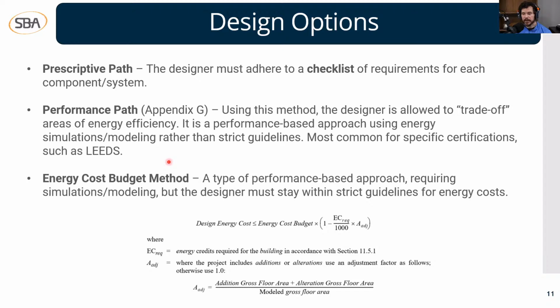So those guidelines are very strict. So here we have our energy credits that are required for building in accordance with Section 11.5.1. And we also have our A adjustment, which is when the project includes additions or alterations that use an adjustment factor as follows. Otherwise, use 1.